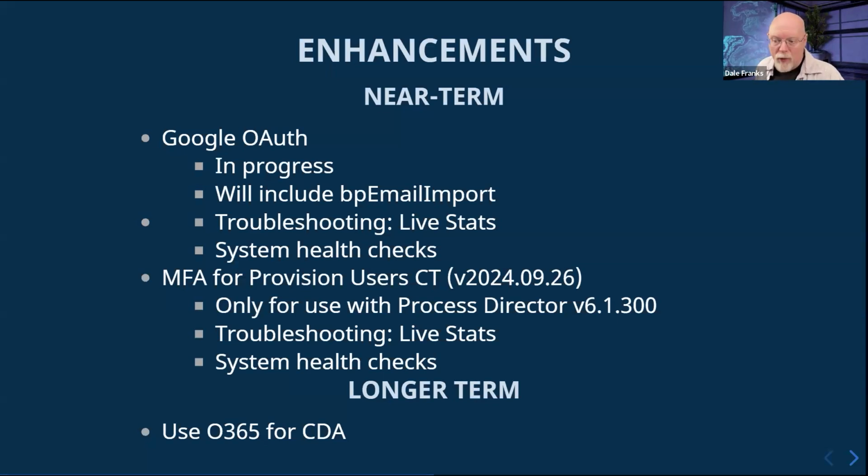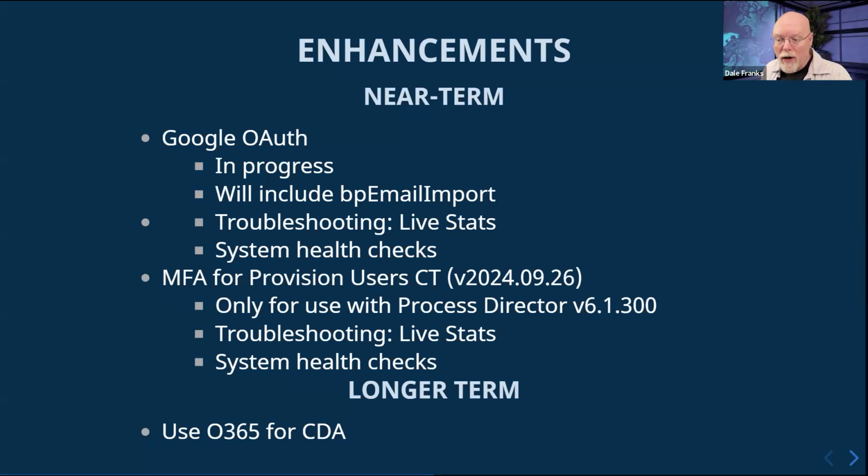One will be for 6.1.300, which will include this version of the provision users custom task, and the other will be an earlier version. Alternatively, what we might do is just keep the old version in the custom task package. And I think this might be simpler and more comprehensible. We'll have to have a separate download for this specific custom task.